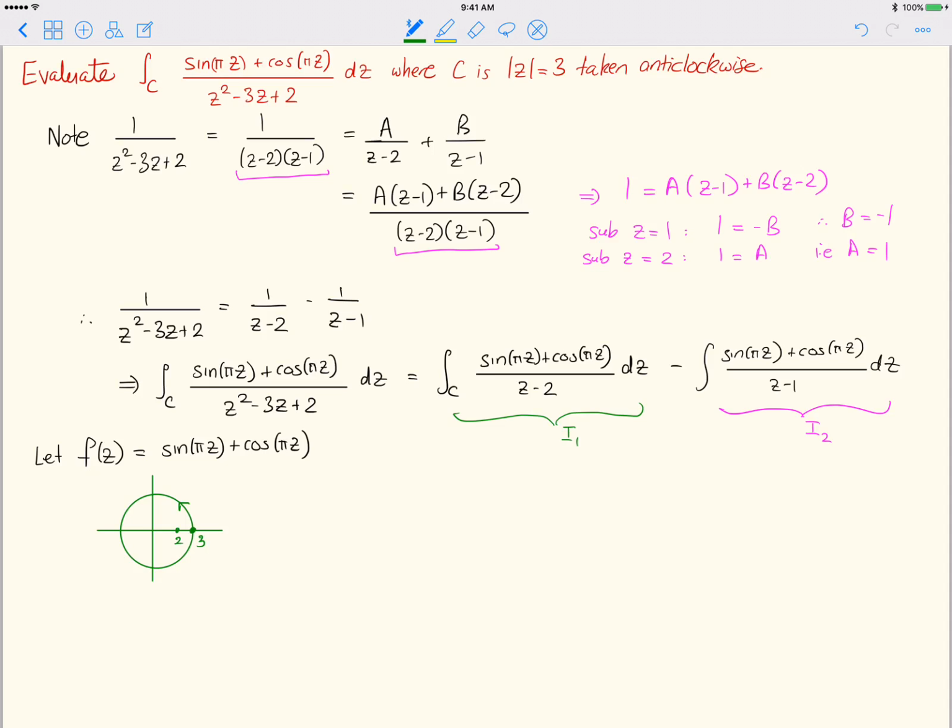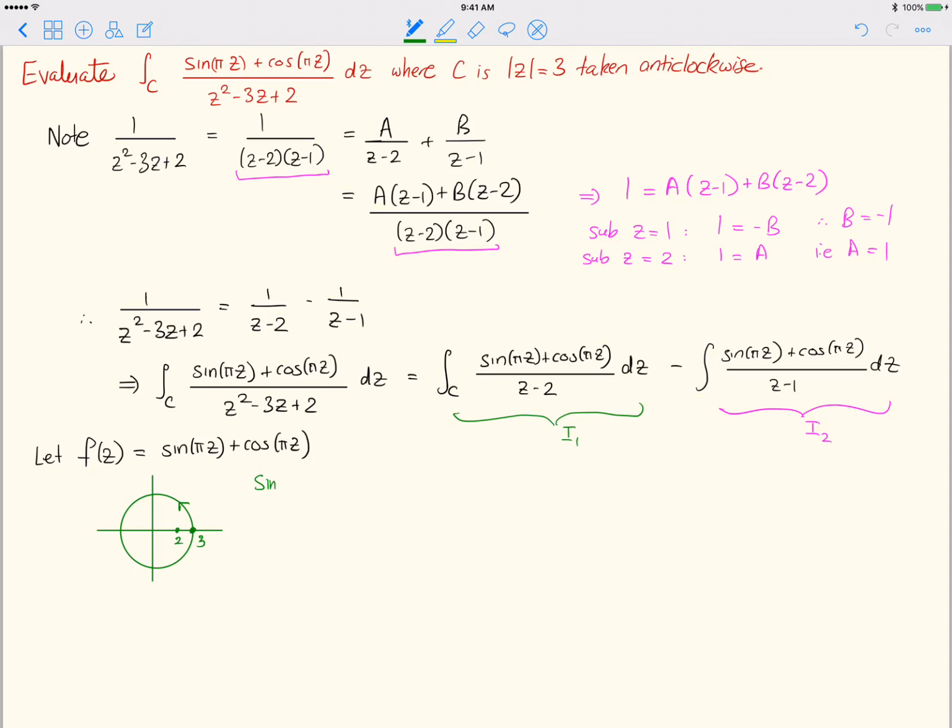Now, f is sine pi z plus cos pi z. Like I said before, sine and cos are entire, so they're going to be analytic everywhere. And of course, that means their sum is going to be analytic everywhere.